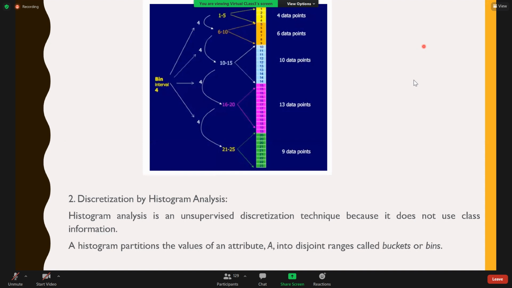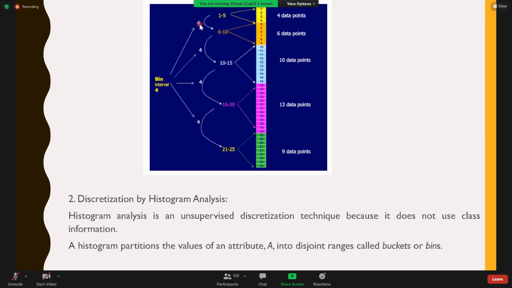See here, we have the values from 1 to 23. Now we consider the bin interval. The bin interval is 4. Number of bins can be given, or the bin interval can also be given.